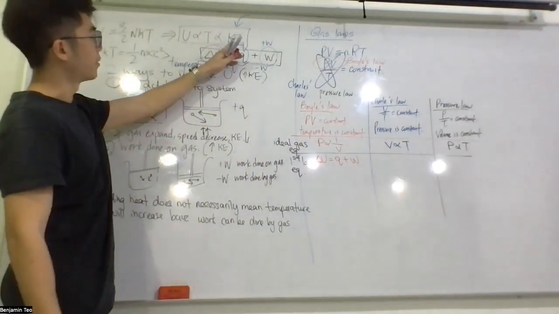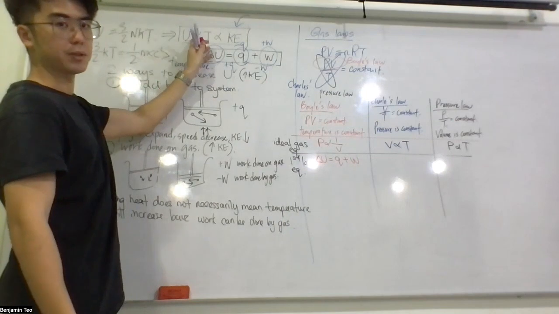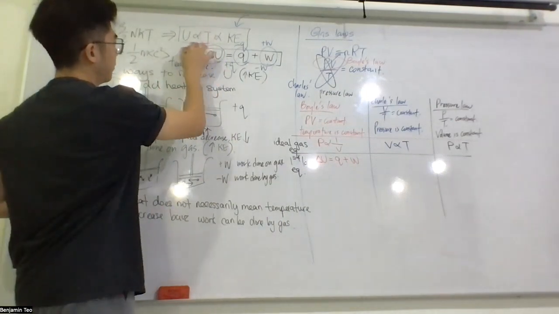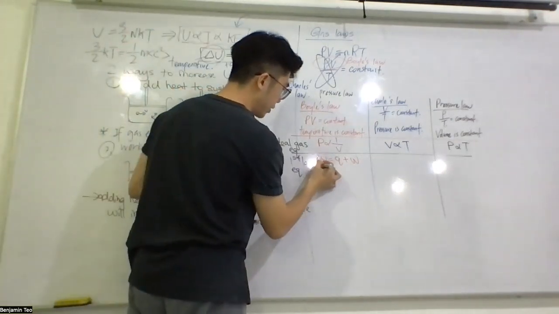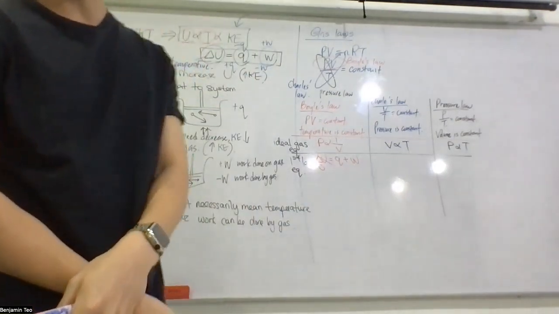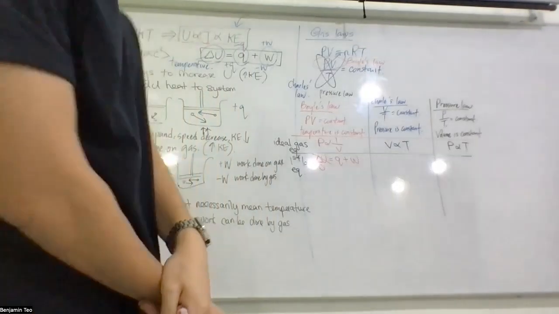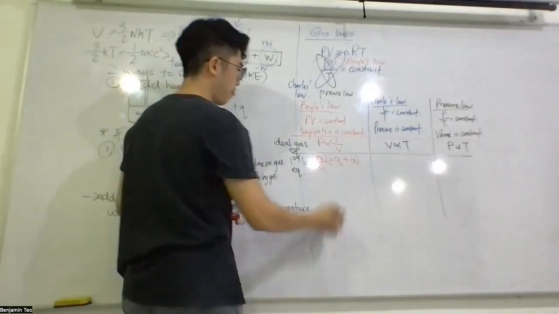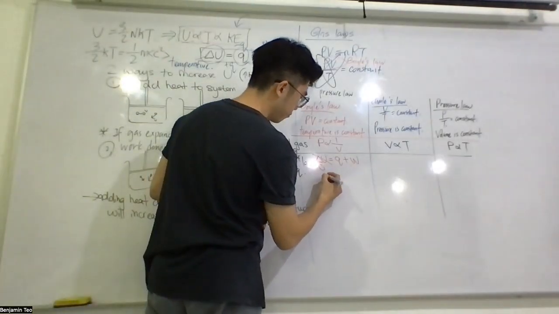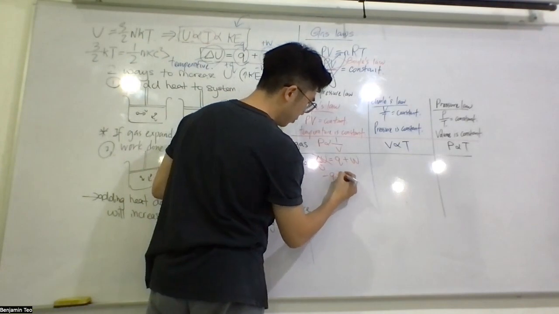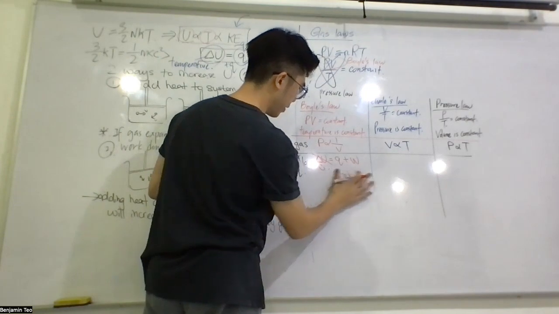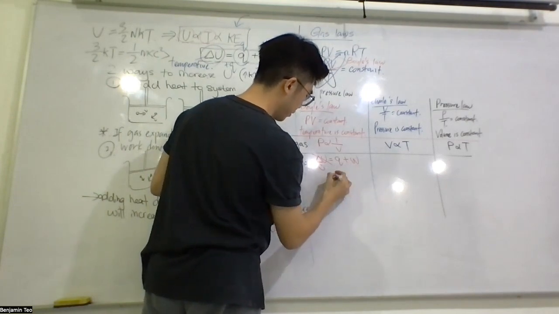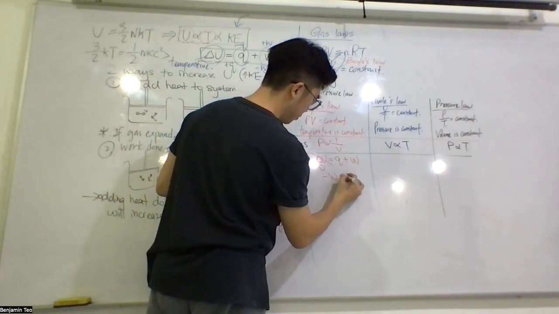They're all proportional here, right? So temperature constant, U must be constant. So delta U is 0. There's no change in the U. Then minus W equals Q.